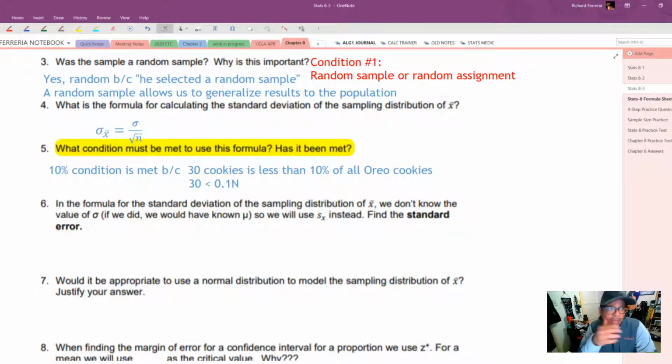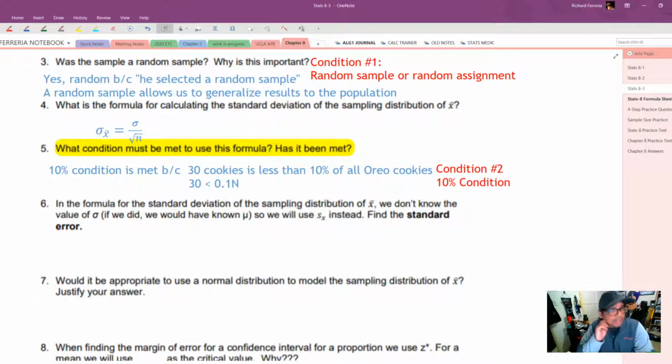And remember, the way I like to quickly calculate that is 30 times 10 is 300. So if there are more than 300 Oreo cookies, then the 10% condition is satisfied. And this is condition number 2 of our confidence intervals for a mean.